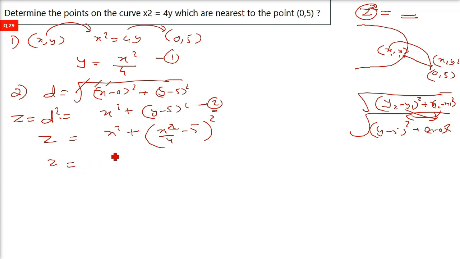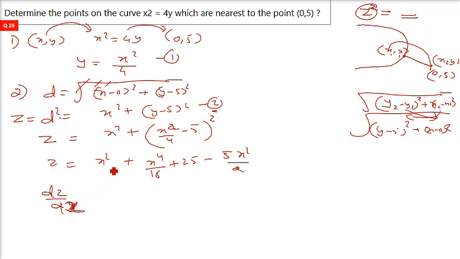Now after this, you can just expand this. X square by 4 minus 5 whole square. You get x square by 16 plus 25 minus twice into 5 into x square by 4. So finally dz by dx has to be computed. What do you think? Is it dz by dy or dz by dx? Of course, when you have x on the right hand side, you are going to differentiate with respect to x.